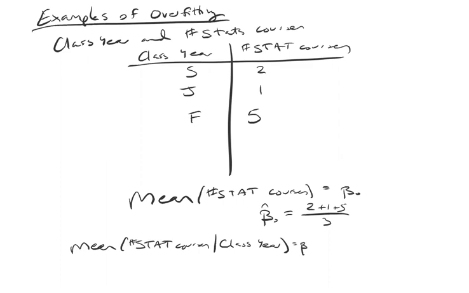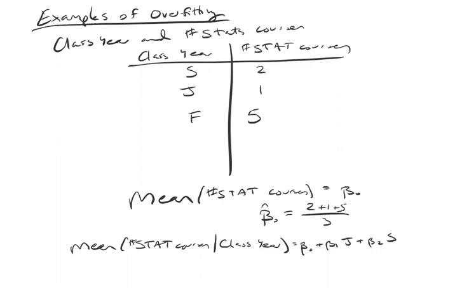So let's say there's 3 possible class years. And when you have a categorical variable with 3 levels, you pick one as a baseline and make 2 indicators. So I might do beta 0 plus beta 1 times whether you're a junior plus beta 2 times whether you're a senior. And so if you're neither a junior or a senior, you might be a first year.